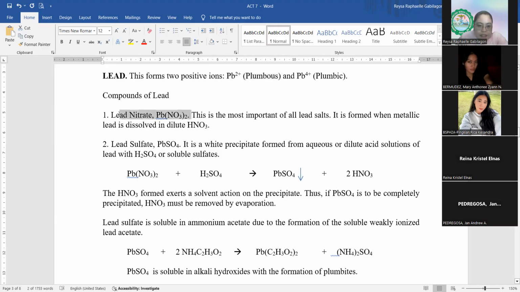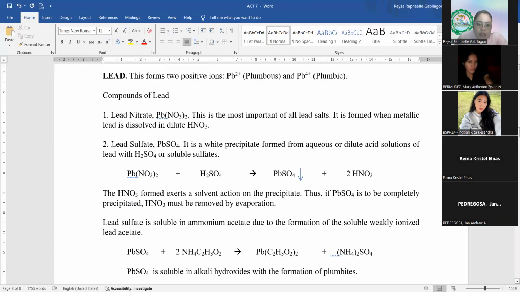We have here the lead nitrate, which is the most important among all the lead compounds. And it forms if you react metallic lead, as in pure lead, and dissolve it in nitric acid, lead nitrate will form. I don't know if this is what we used in the experiment or lead chloride. I think it was lead nitrate, which we reacted with HCl.